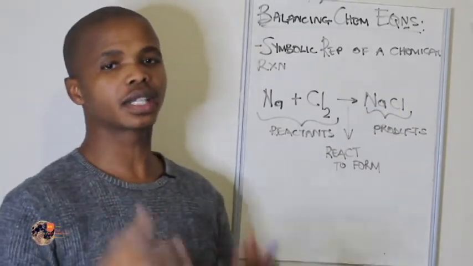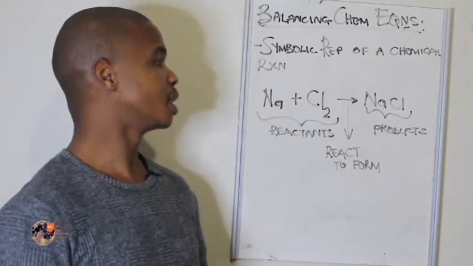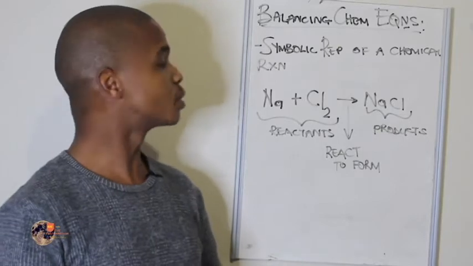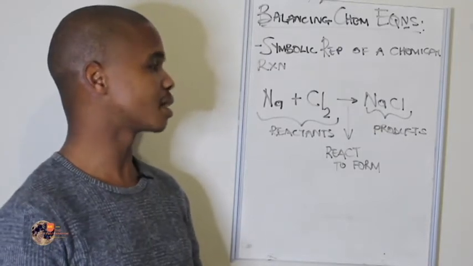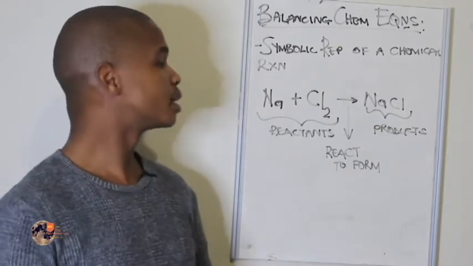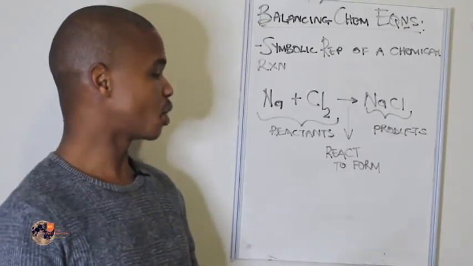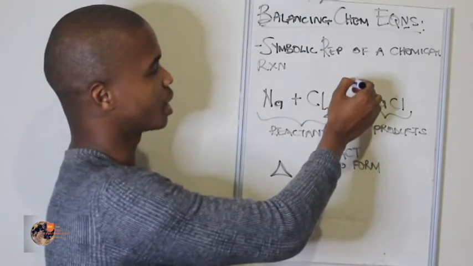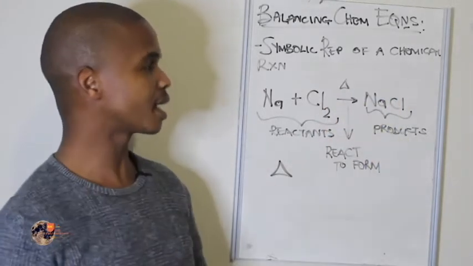Sometimes in your chemical reactions, there would be conditions that are put together. For instance, sometimes you would burn, which is your combustion. If there is a presence of heat, we would write this delta sign here.